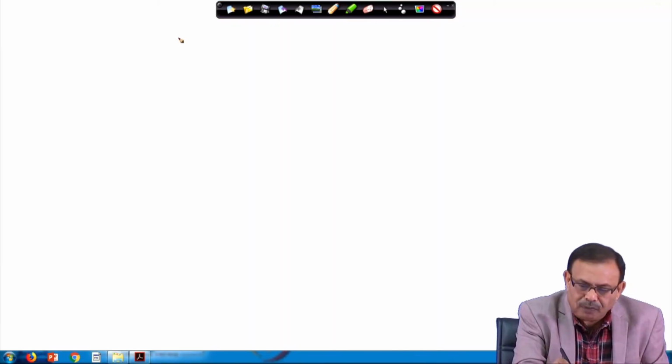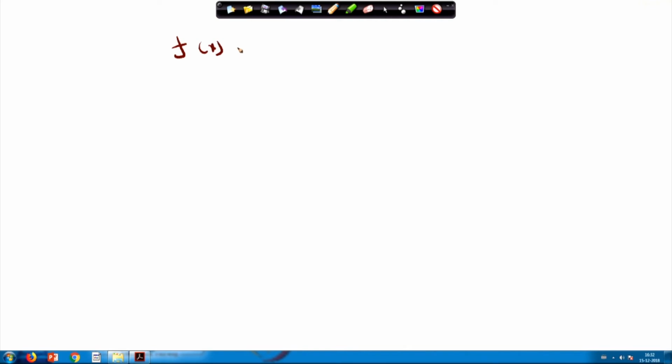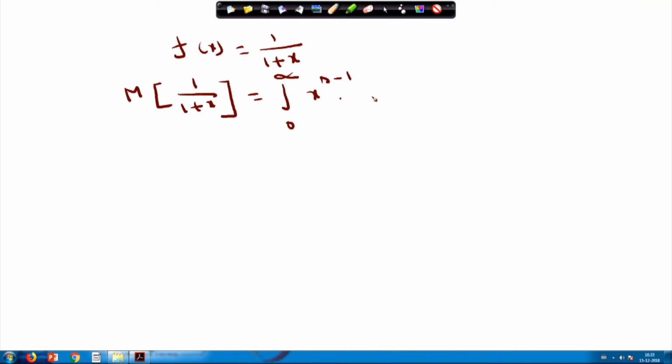So, your second problem is f x equals 1 by 1 plus x. The Mellin transform of this f x, that is 1 by 1 plus x, from the definition you can write down the integral from 0 to infinity of x to the power s minus 1 into 1 by 1 plus x dx.